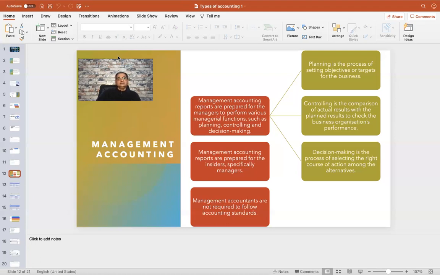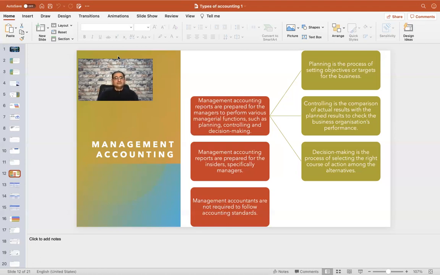So we can say that management accounting reports are prepared specifically for the managers so they can perform these managerial functions. As we said, these reports are prepared for the insiders. If you remember, we said that financial accounting reports are prepared for the outsiders, while management accounting reports are prepared for the insiders, specifically for the managers.